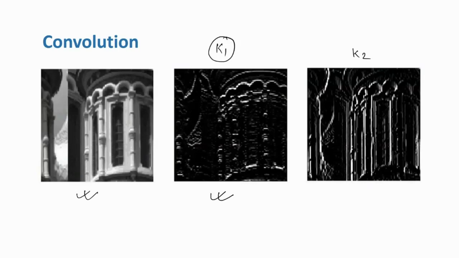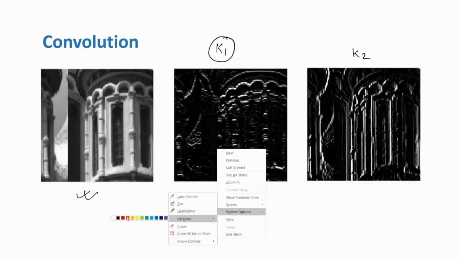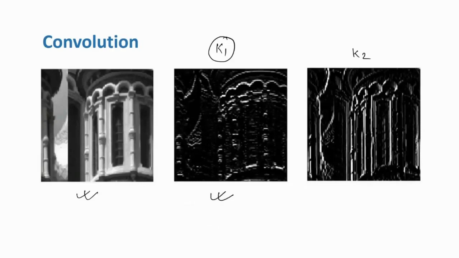Can you see here? Guys, can you see here? All the information about the horizontal edges. Say here, let me change the color. These are nothing but the horizontal information from the images. Can you see?